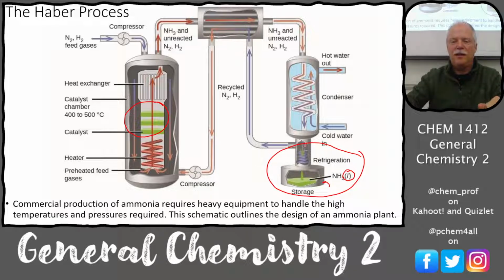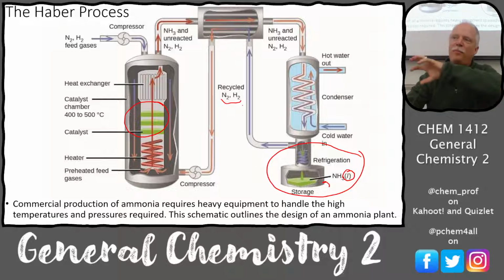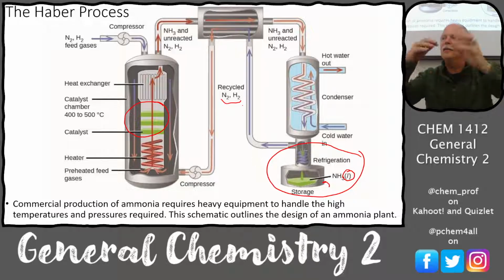And then this condenser is not cold enough to condense the nitrogen and hydrogen. Those have a really, really low boiling point. And so they pass through that cold condenser. The ammonia drips out, but the nitrogen and hydrogen go back over to the catalyst and make more ammonia. And so we're pulling on the products constantly and driving this reaction forward.